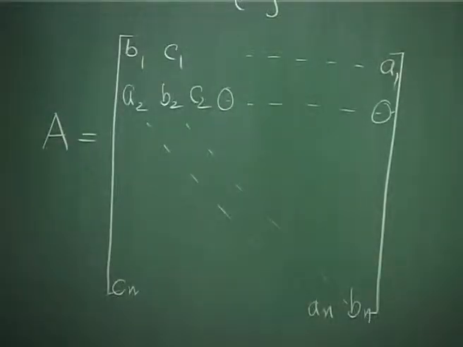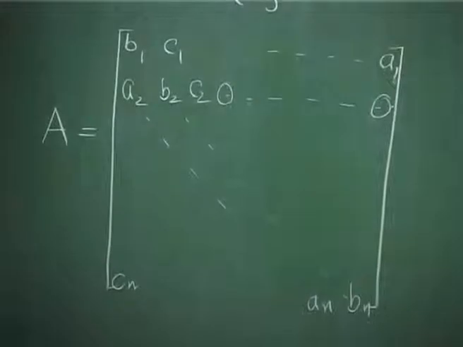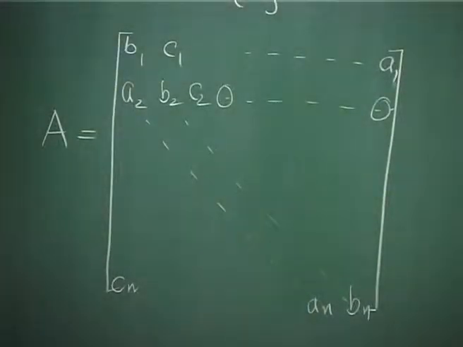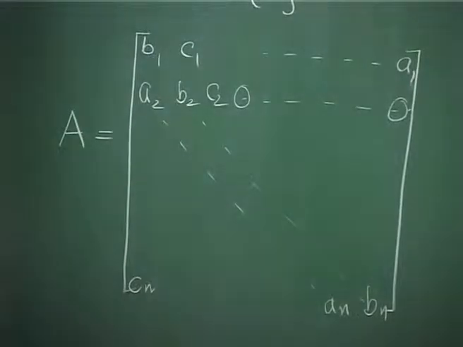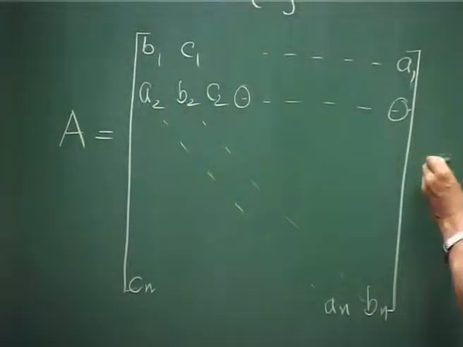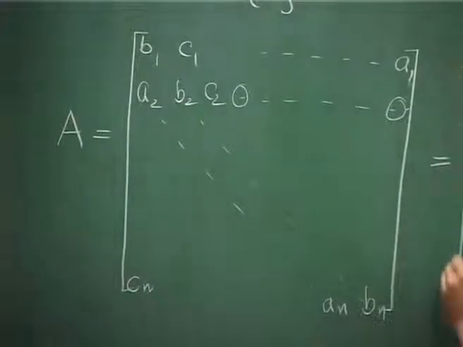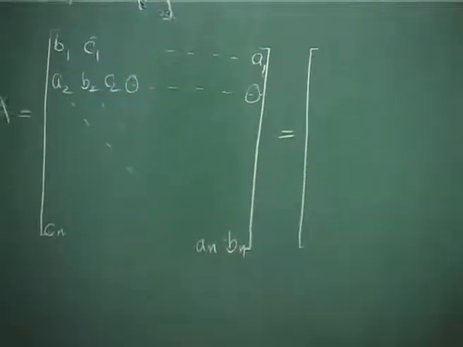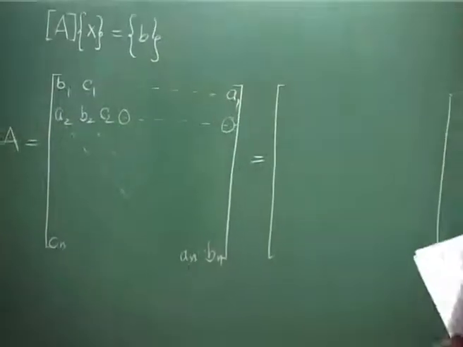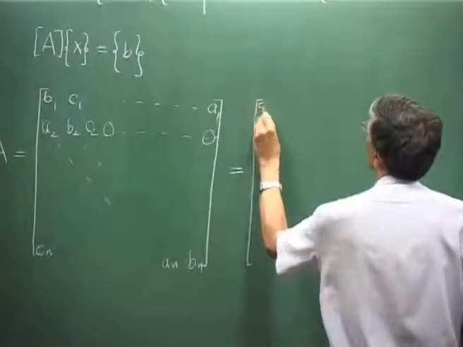If it was not periodic, what we suggested is that we will do an LU decomposition. We will show it as a product of a lower and an upper triangular matrix. Here also let us be ambitious and try to do the same thing. So, the lower triangular matrix I will write like this, let us say Q 1.